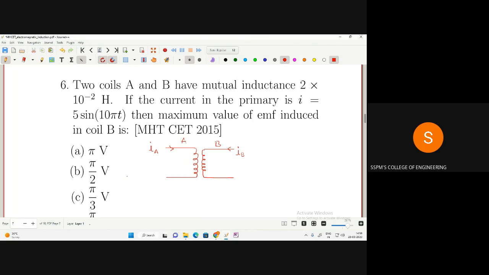The EMF induced in coil A is, let's consider, EA, and the EMF induced in coil B is EB. And the mutual inductance between coil A and B, let's consider M. M is the mutual inductance.